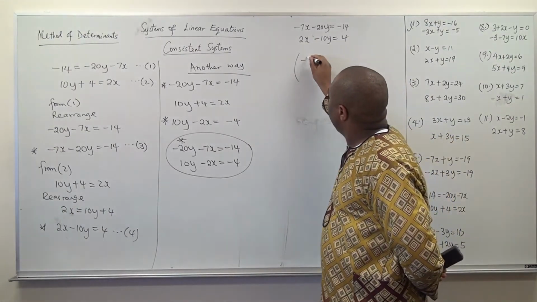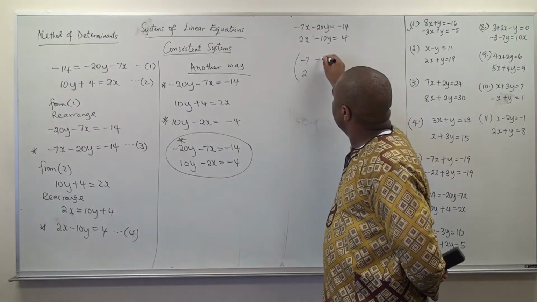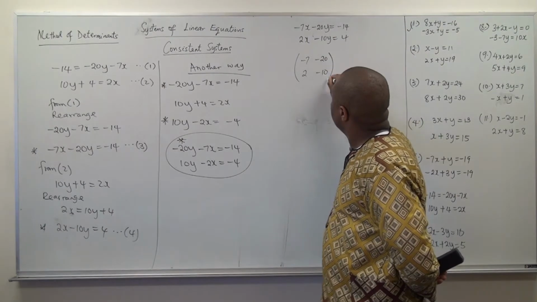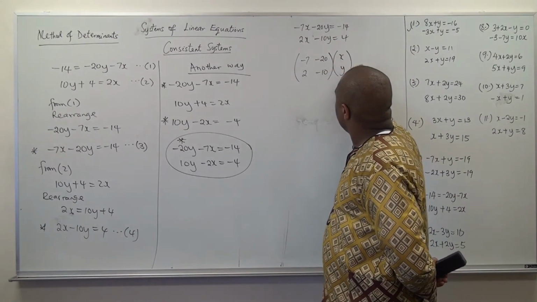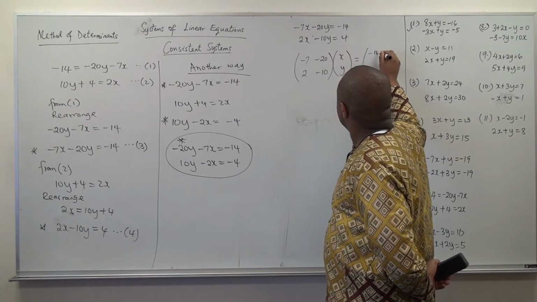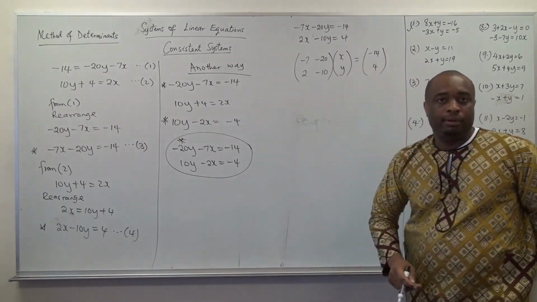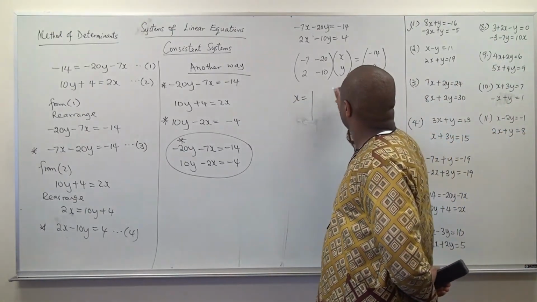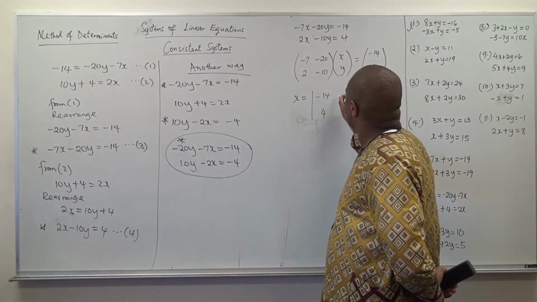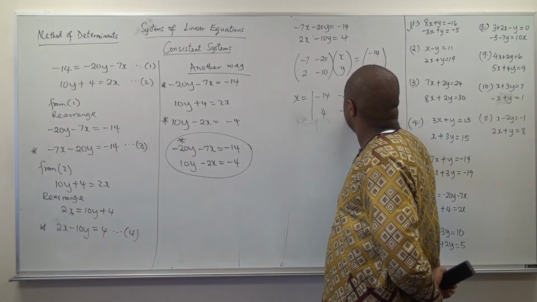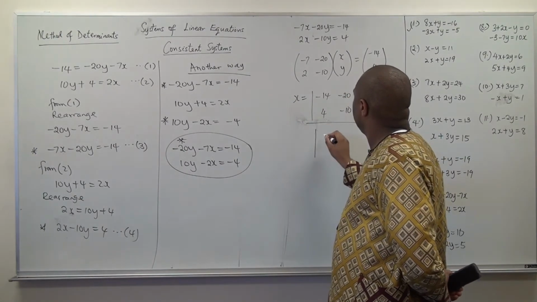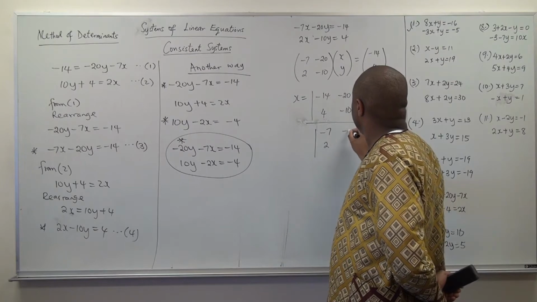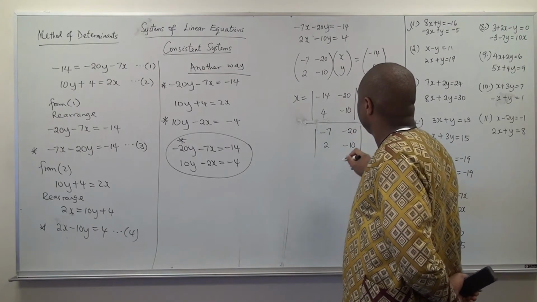We write down the coefficient matrix, negative 7, 2, negative 20, negative 10, times x and y, to give us negative 14 and 4. Right? So we now see that x will be the determinant of negative 14, 4, negative 20, negative 10, all over the determinant of negative 7, 2, negative 20, negative 10.